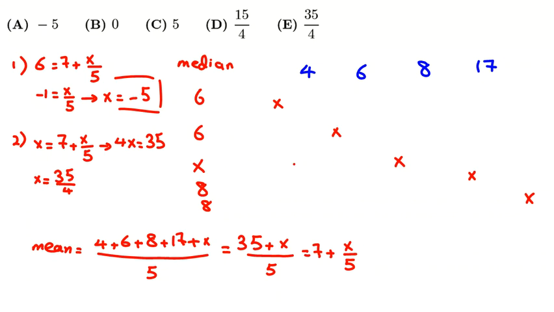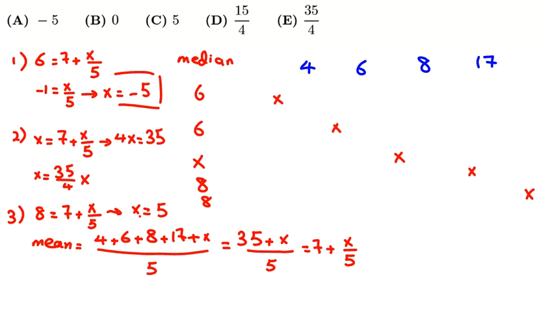So in what case is this? 8 point something is not between 6 and 8. It is here, and if it is here, the median will be 8. So this one is impossible. Case 3, if the median is 8, then 8 equals 7 plus x over 5, so x over 5 is 1, x equals 5.